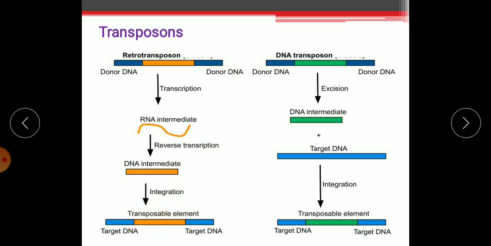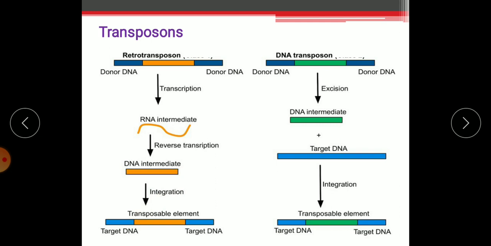So in the case of the DNA transposon, the segment is directly excised from the donor DNA and binds with the target DNA. But in the case of the retrotransposon, the donor DNA is first transcribed to an RNA intermediate, then reverse transcription is done, and the DNA intermediate binds with the target DNA. That is the total process of the transposon.